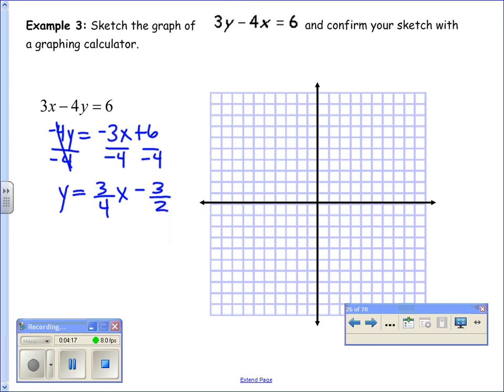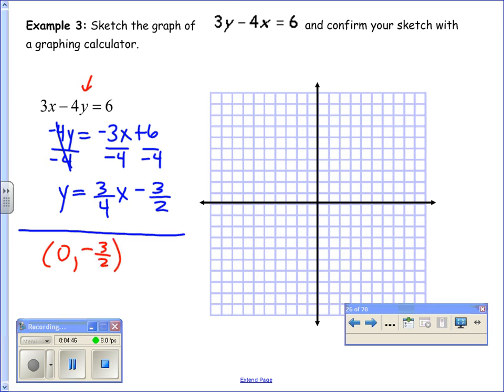Okay, so not fun to graph this one because we have a y-intercept of negative 3/2. So it might be best to go back and try to graph. Plotting negative 1.5 wouldn't be great, but we could certainly do it. If I plug in 0 for x, then again, I'm going to get a fraction. So that's going to give me negative 3/2.